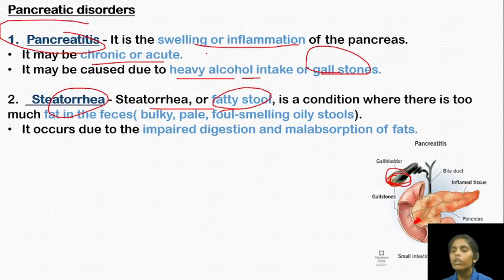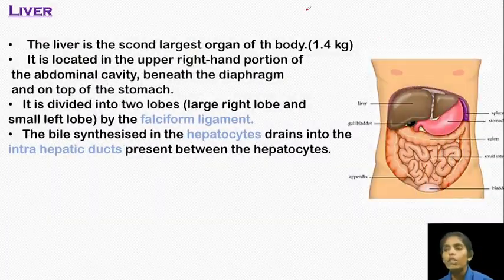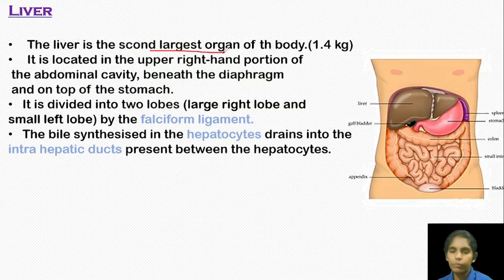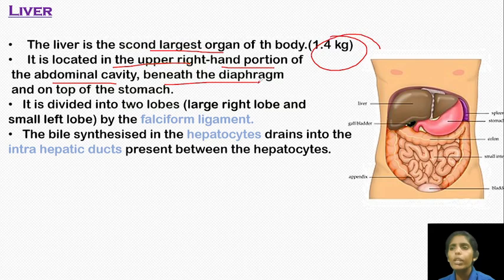So that is about the pancreas. Now coming to the liver. The liver is the second largest organ. So what is the largest organ in the body? It is the skin. The liver is around 1.4 kg in weight, and it is located in the upper right-hand portion of the abdominal cavity beneath the diaphragm and on top of the stomach.